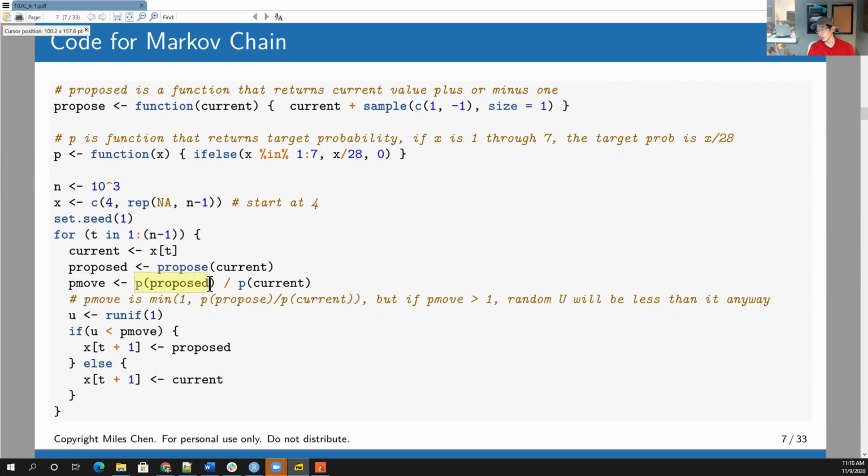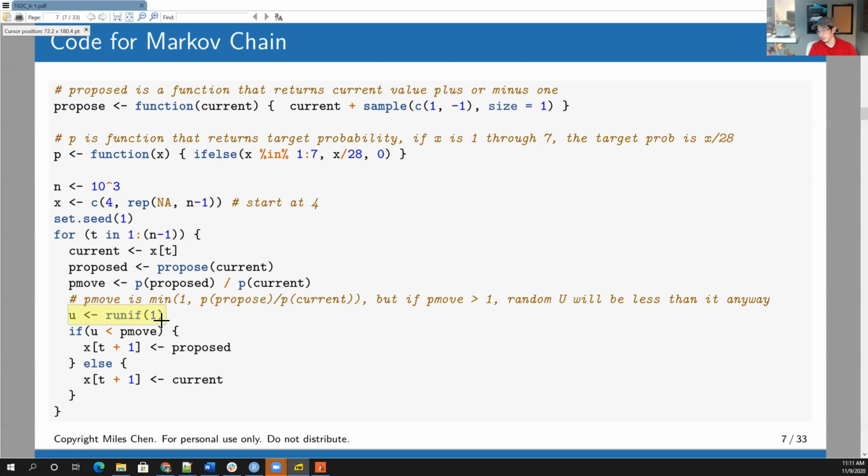P move is going to be P proposed, whatever this is, x over 28, divided by P current, also x over 28. So we're going to calculate this probability of moving, and then we're going to either move there or not. So I generate a random u from our uniform. I just get one random uniform value, and if u is less than P move, we'll move there.